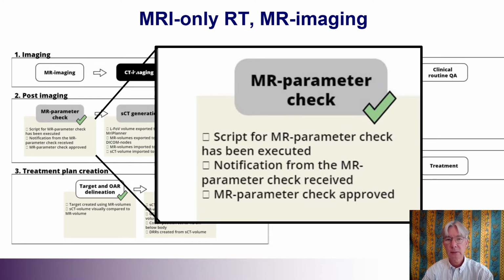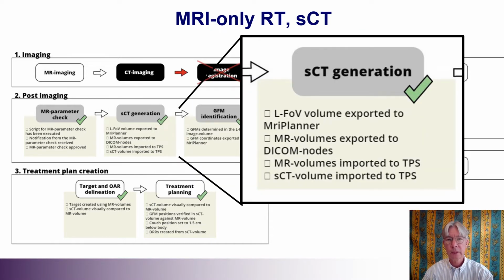So therefore we have generated a script on the GE MR scanner, so it automatically checks the parameters used for the MR acquisition, and a notification is sent and can be checked and approved that the MR parameters are indeed correct.